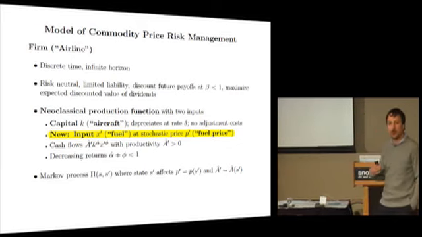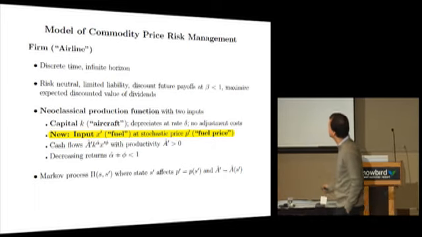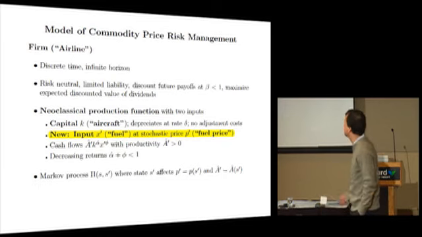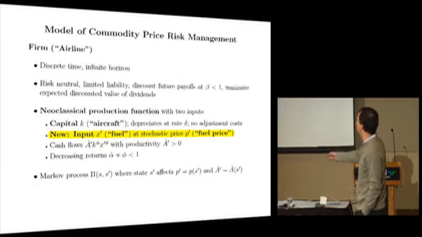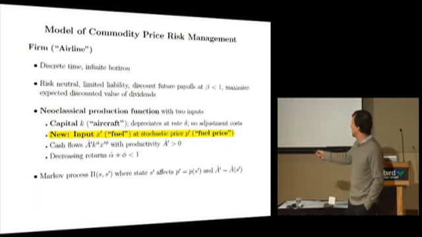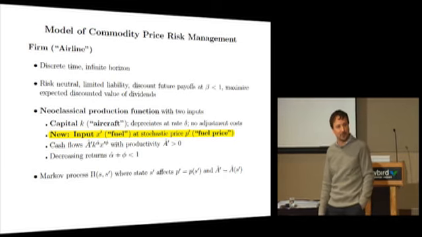The prime just denotes variables that are measurable as of the next period. So the cash flows you generate: you have some productivity, you use your aircraft and fuel to generate cash flows, and there's going to be decreasing returns to scale. And then we'll have a Markov process that is going to drive both the fuel price and the productivity.